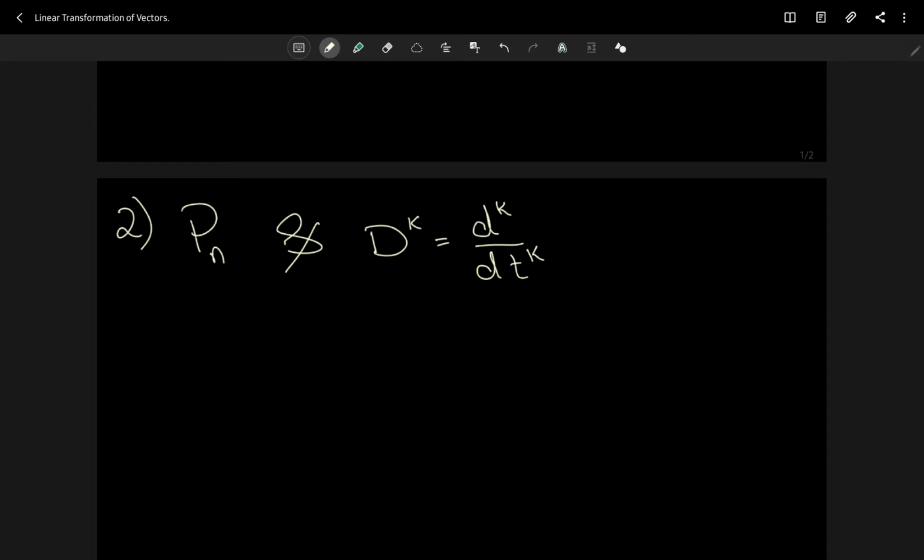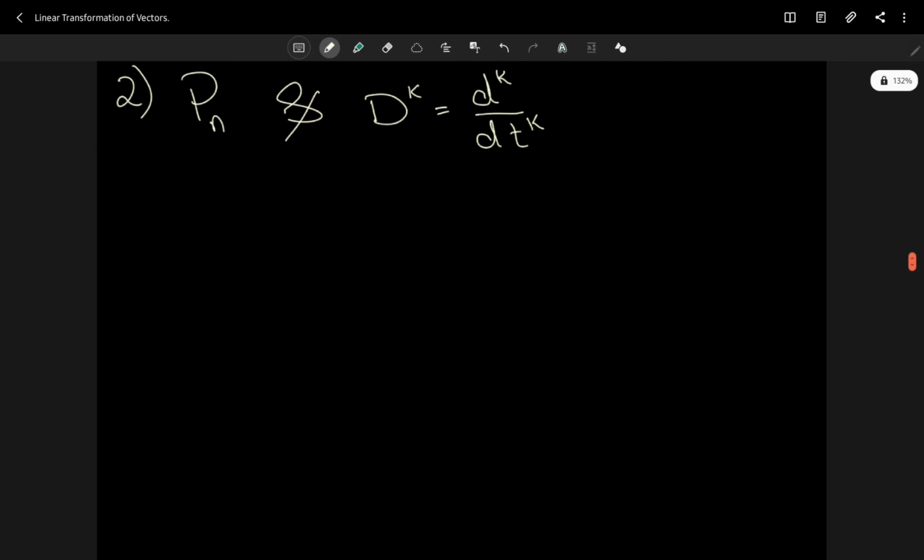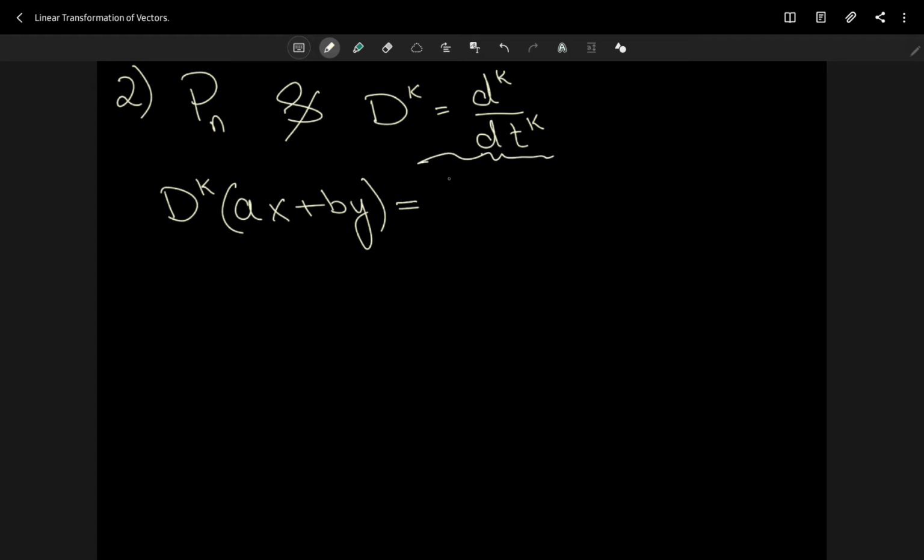Okay, so with this now we can consider D_k acting on ax plus by, right? And if you use this definition for D_k, that simply becomes d^k over dt^k of ax plus by, right?